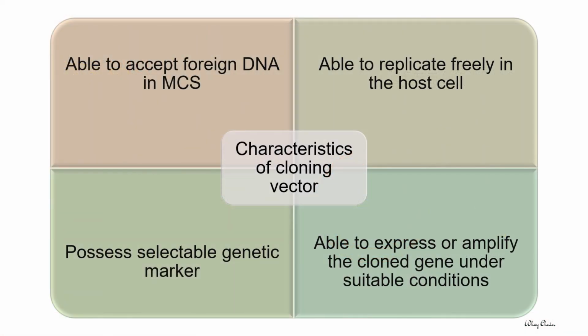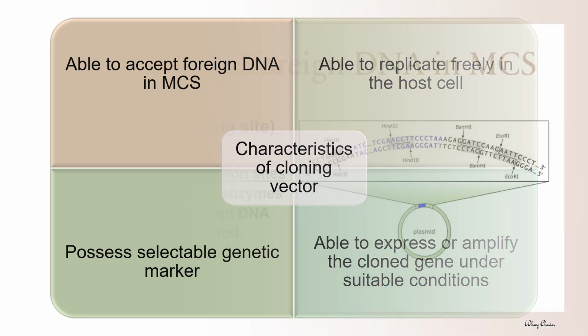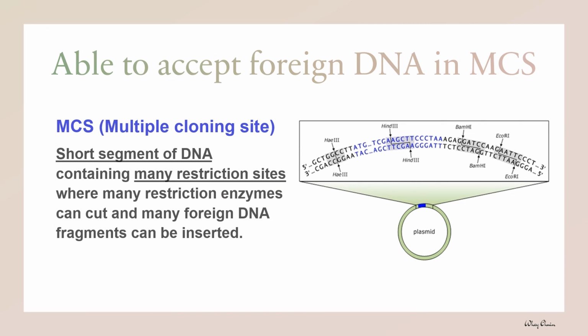A plasmid from a particular species of bacteria can be used as a cloning vector because it has all four main characteristics. Firstly, a cloning vector must be able to accept foreign DNA in the multiple cloning site.